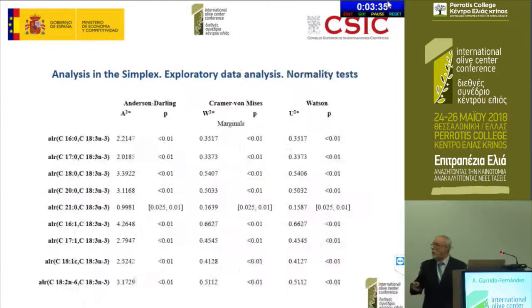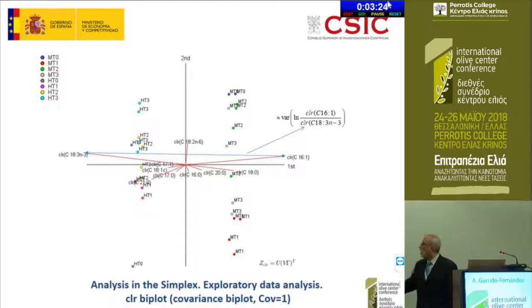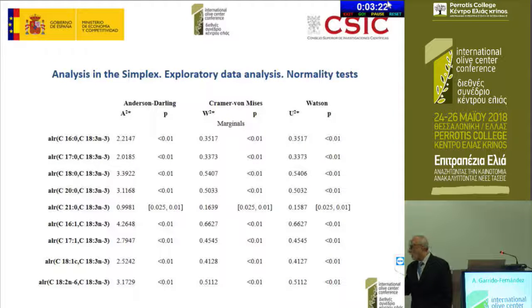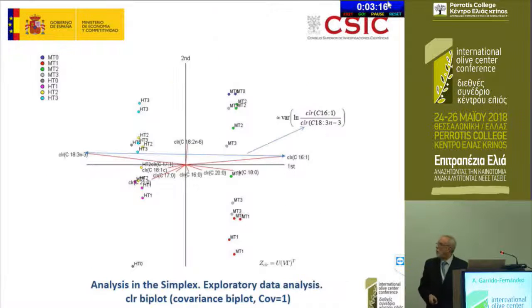As in the case of normal statistical analysis, we also have tests to check the normality of the data. Here in this case, we can see that our data are normally distributed. This is the application of one of the typical statistical tools, but in this case, this biplot is particularly made for compositional data analysis.